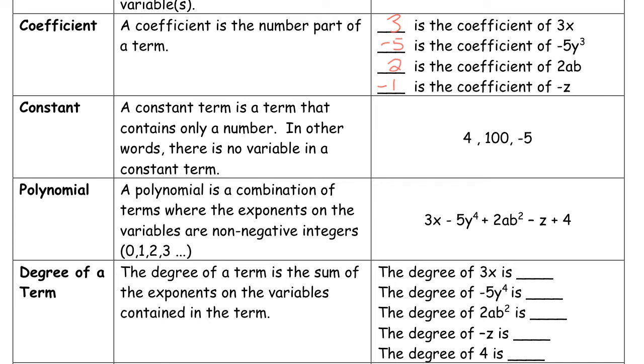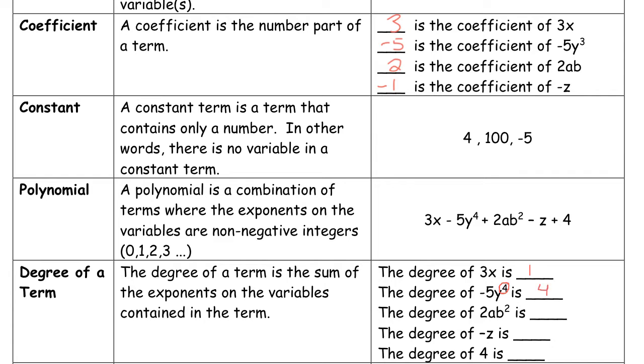When we talk about the degree of a polynomial, we're talking about the highest degree of the terms in a polynomial. So let's take a look at each of these terms here. The degree of the first term, 3x, is 1. The degree of -5y to the 4 is 4.